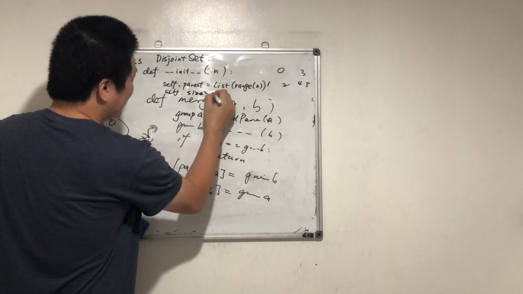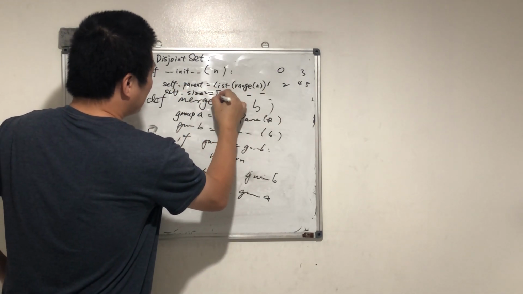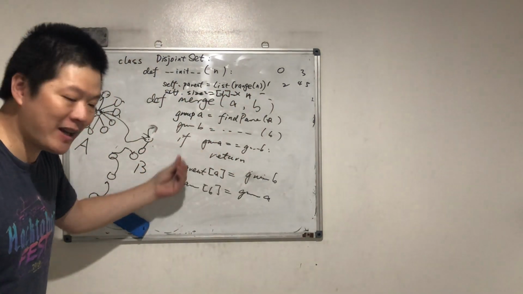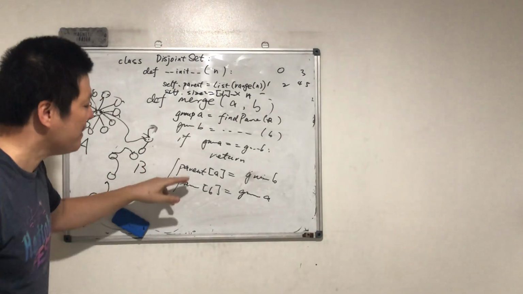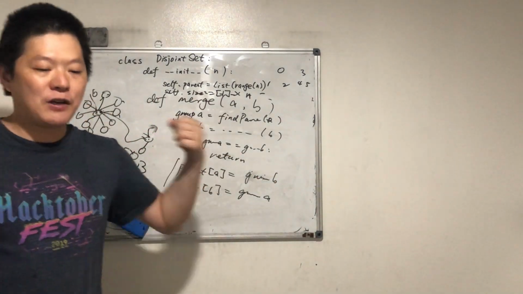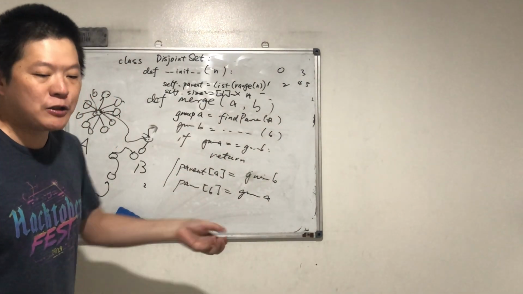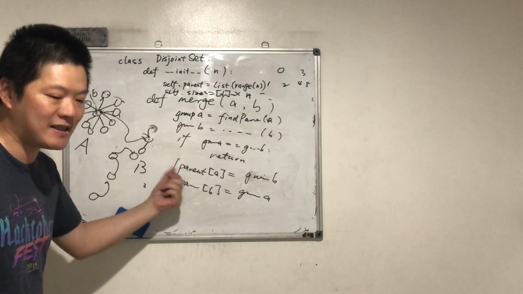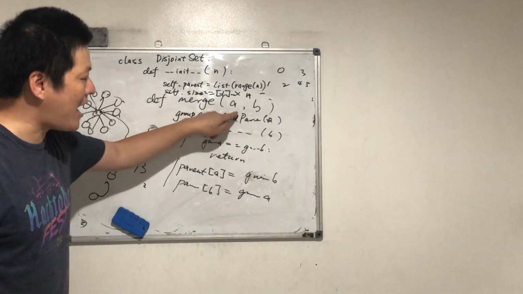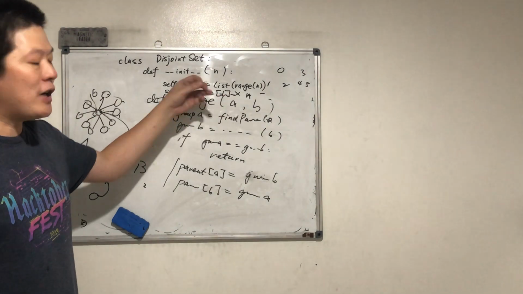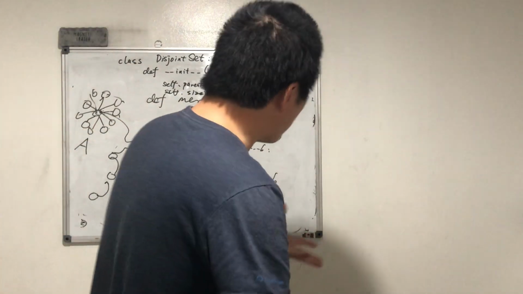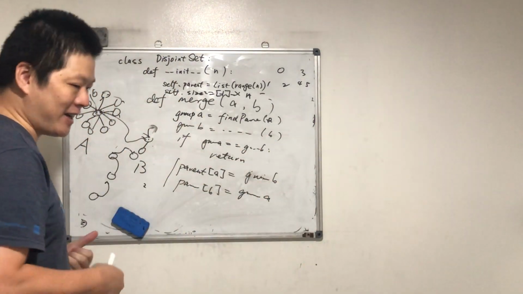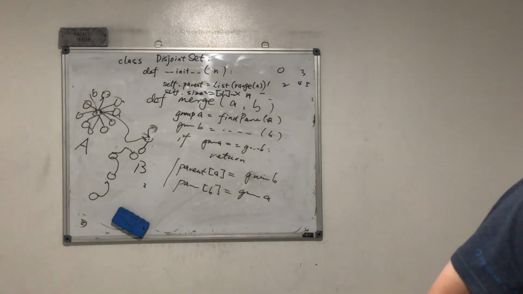So in order to do this, we can have sizes, with size at the beginning equal to 1 times n. We have a size of each group, and when we merge, first of all we check which size is smaller and which is bigger. If size A is smaller than size B, then we merge A to B. Otherwise, we merge B to A. I'm not going to write it, but you understand this, right?